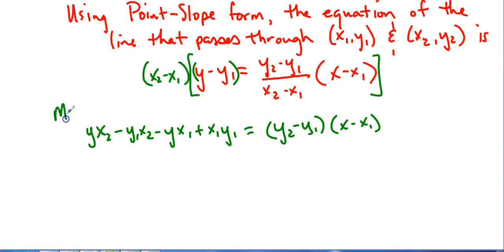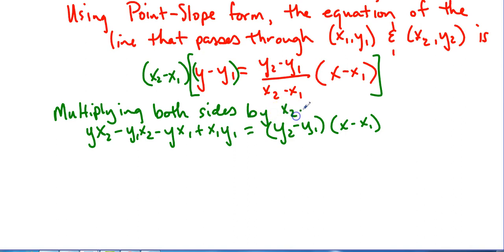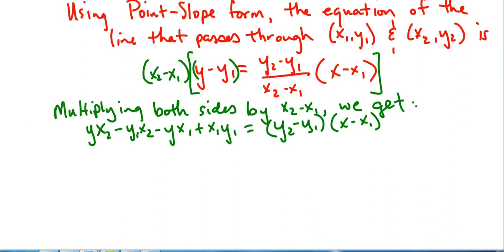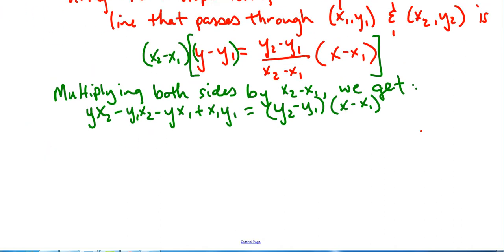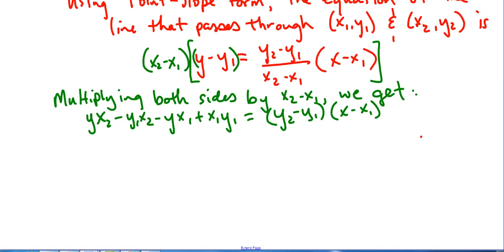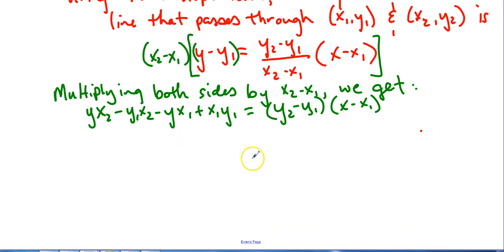We multiplied both sides by x2 minus x1, and we get this expression. Again, the reason that we did that is to get rid of the denominator in that fraction. The next thing we want to do is expand and collect some like terms, so let's go ahead and do that.